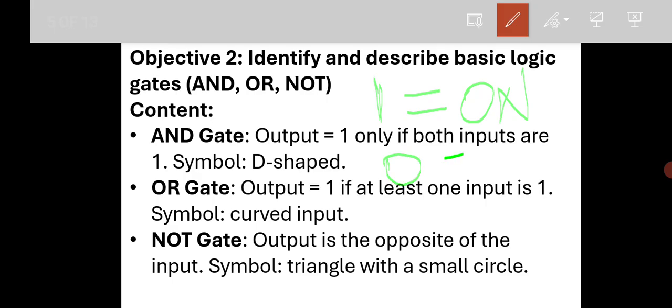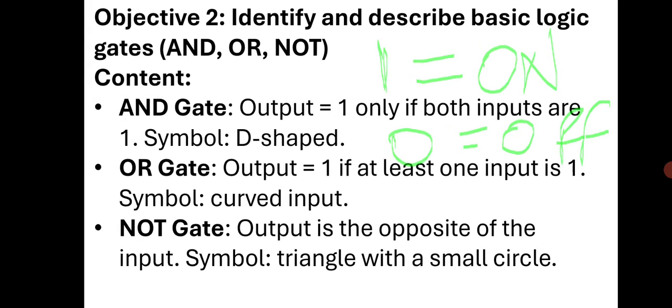0 means off. So we are saying in an OR gate, either switch 1 or switch 2 must be closed for the bulb to light.